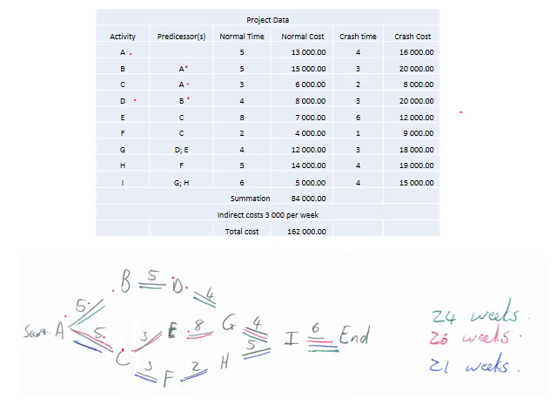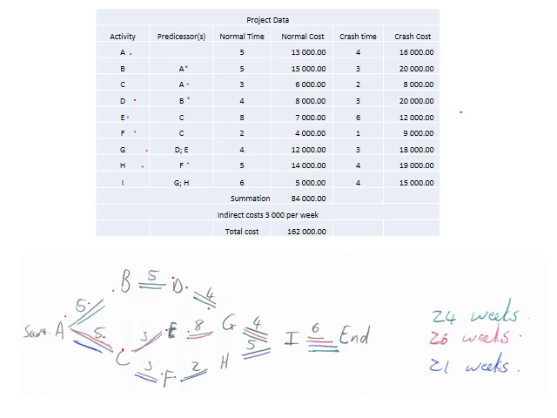So we've got that line drawn, and then we've got C is preceded by A, followed by E and F, which we find there. Okay, so we've done G, and then we've got H, which is preceded by F, which we've got there.